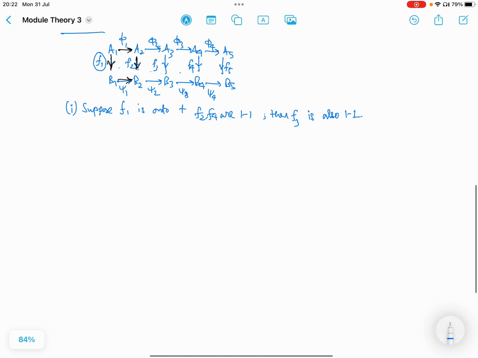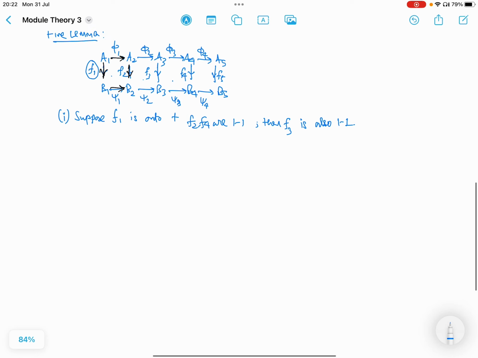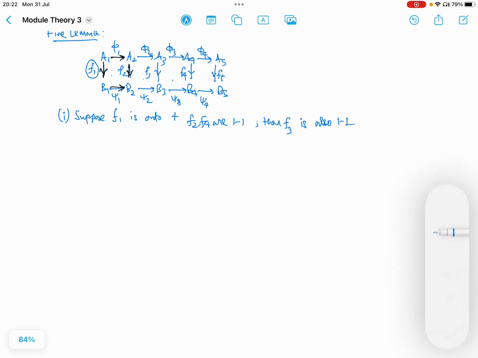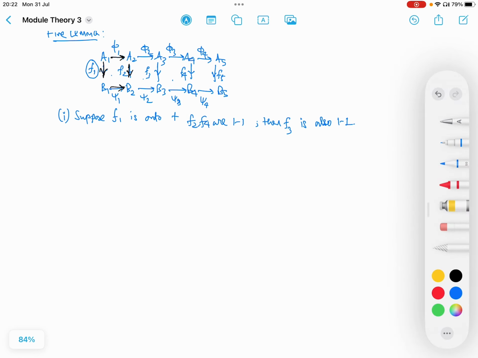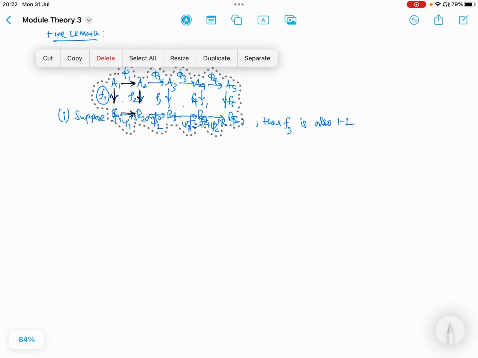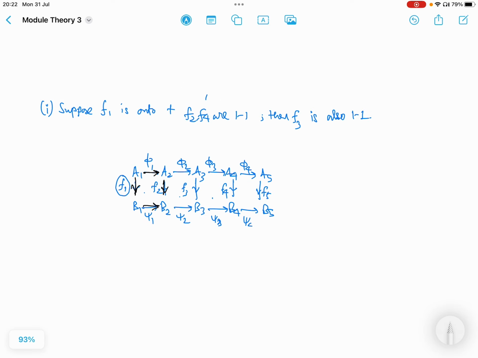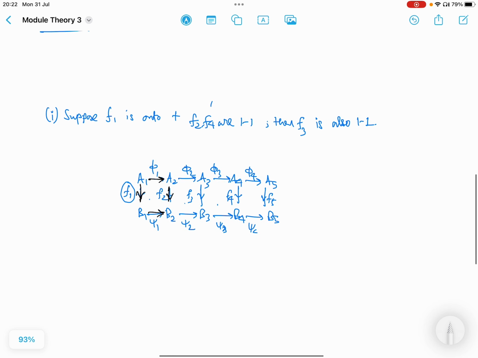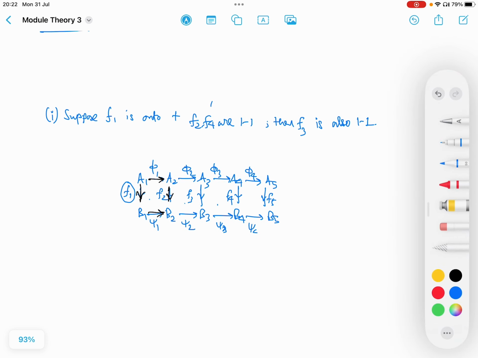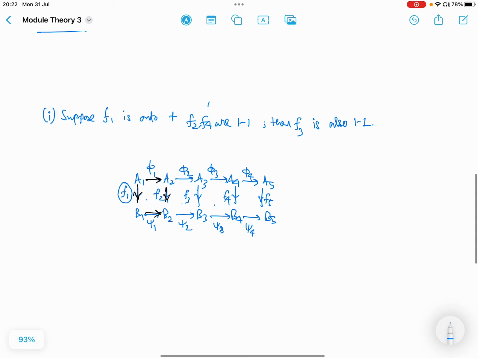So, let me just write this diagram again. Okay, so this is your diagram. And so, what we need to show is that F3 is injective, the map F3.